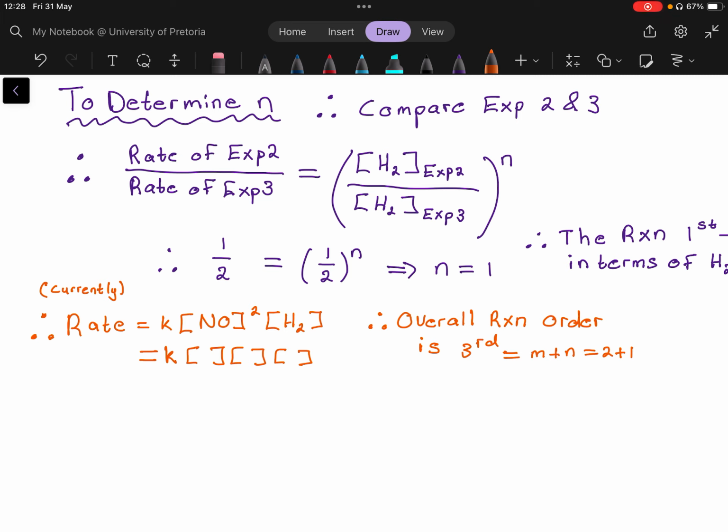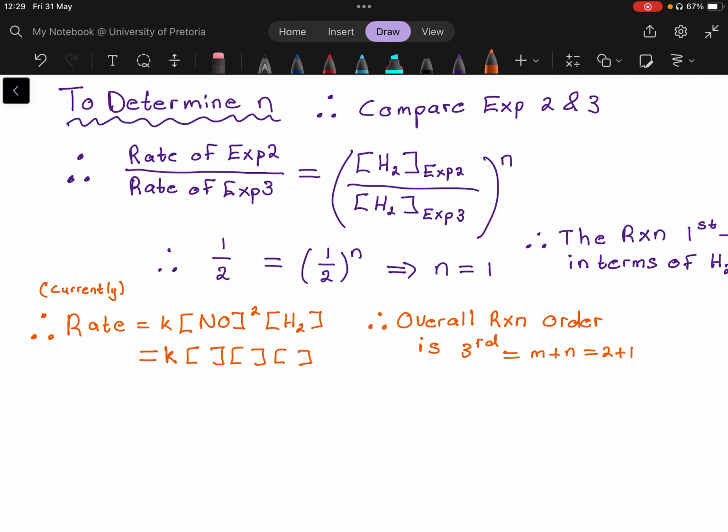In other words, increasing the concentration of the reactants, important word, all of them, doubling all of the reactants' concentration, not just one, is going to have an effect of 2 to the power 3, in other words, multiplying the rate by 8 times.